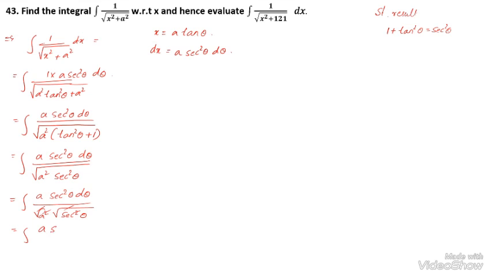We will get the integration of a sec square theta d theta divided by a into sec theta. a gets cancelled. Here sec square and sec theta get cancelled, so we get the integration of sec theta d theta. What is the integration of sec theta?